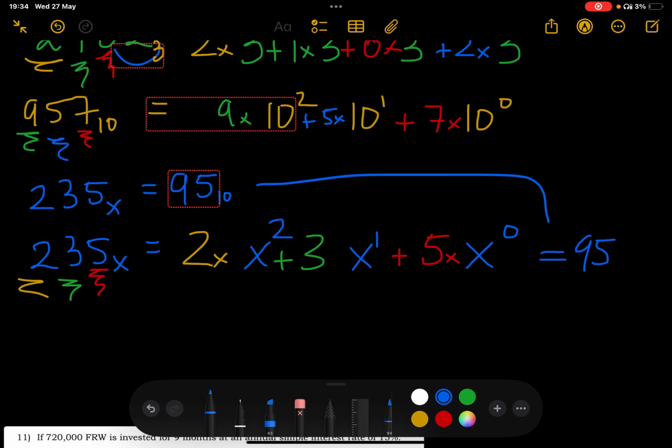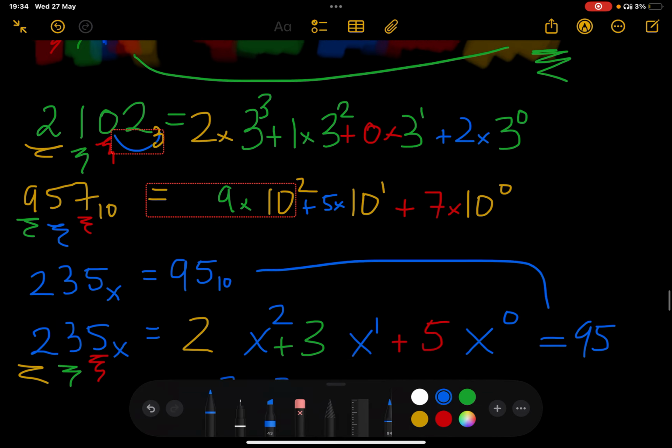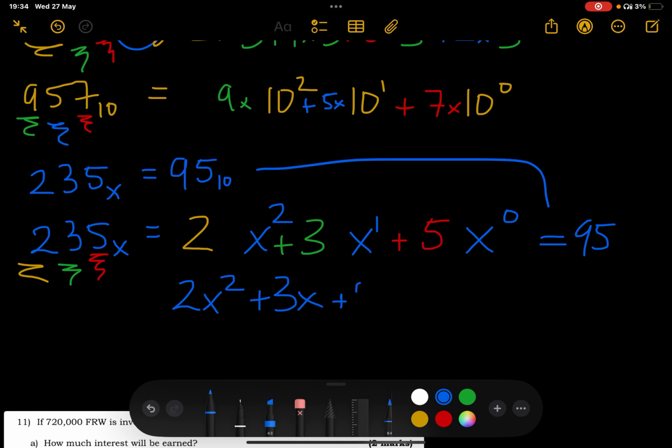Sorry, these x's are confusing, so we're just going to write it like this. We have 2x squared plus 3x, and a reminder that x to the power 0 for any number is just 1, plus 5 equals 95.